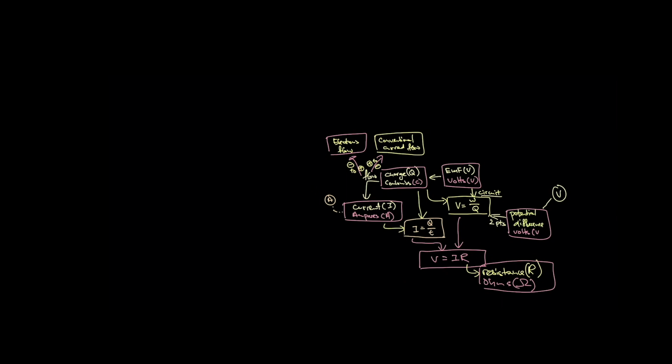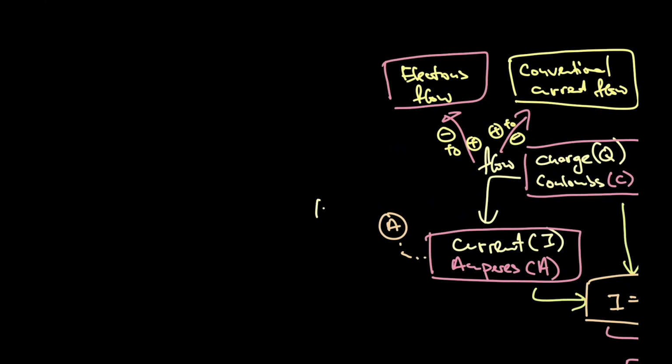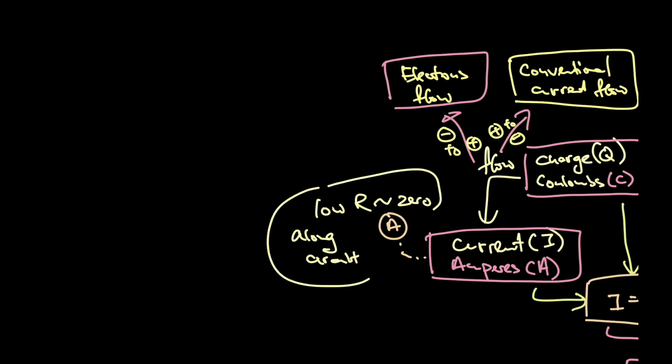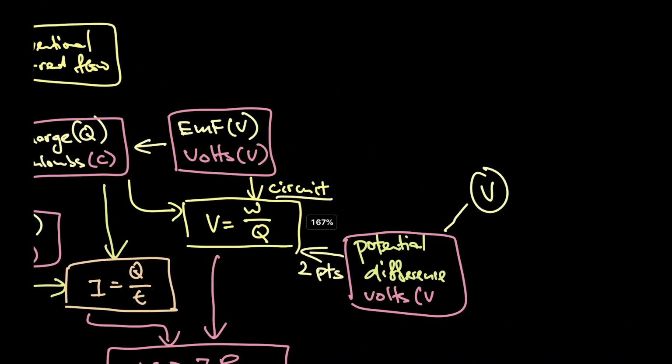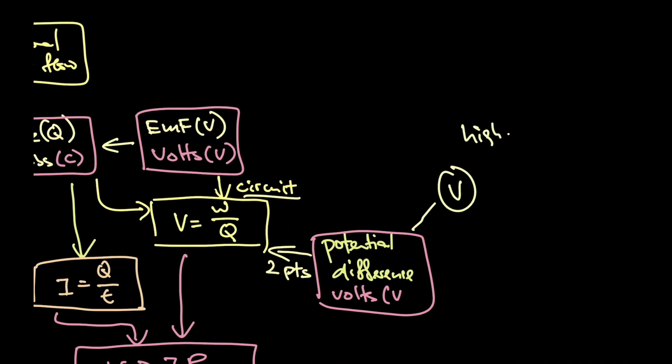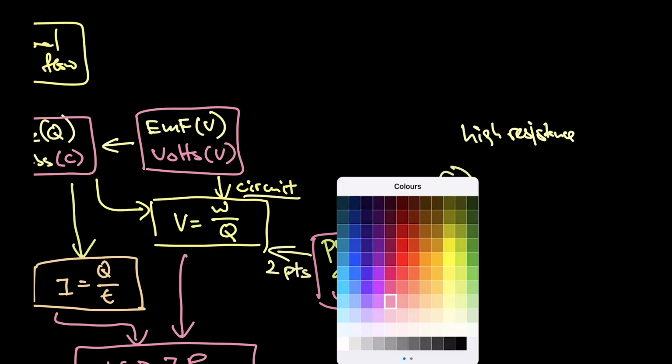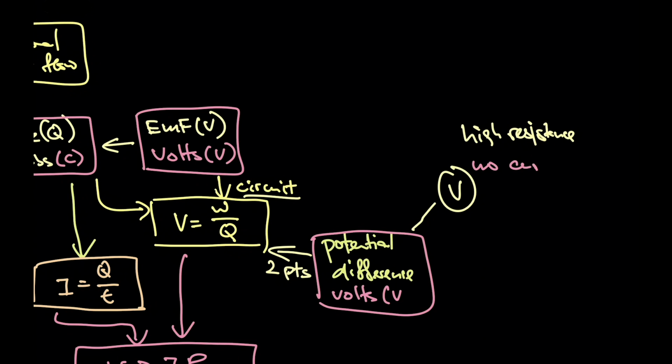So let's talk about our ammeter now, since we have brought in resistance. The ammeter has very low resistance, close to zero, so you put it along the circuit. For your voltmeter, on the other hand, it has very high resistance, so there is no current flow through it.